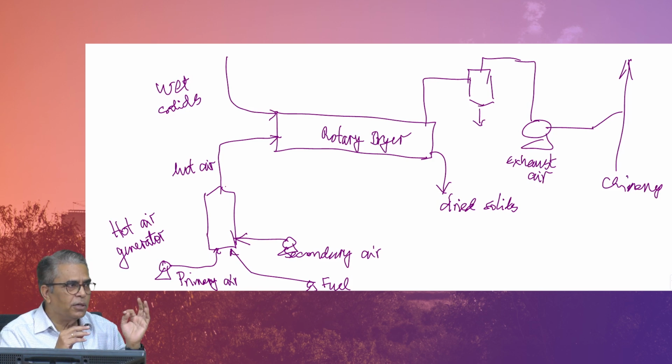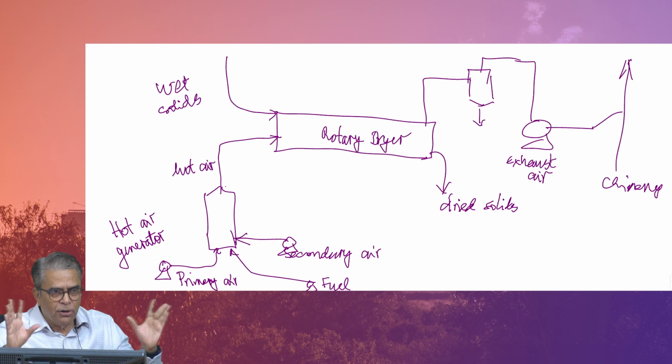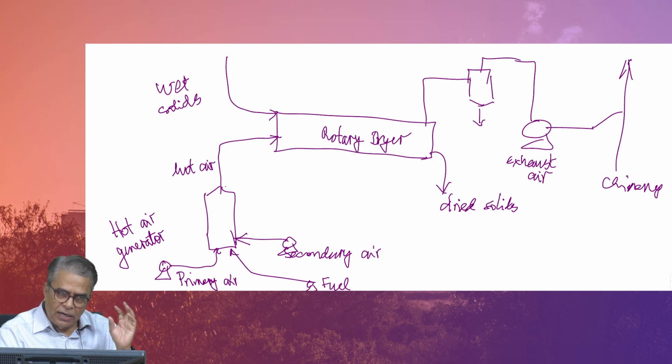The beauty about that book is, apart from concept, because most of the texts, like Bird-Stewart-Lightfoot, transport phenomena, which you would have gone through, right. The concept will be all in mathematical models, and this book will have that. It will also have some photographs of equipment which were already available in the market in those days in some detail, cut view and all that.